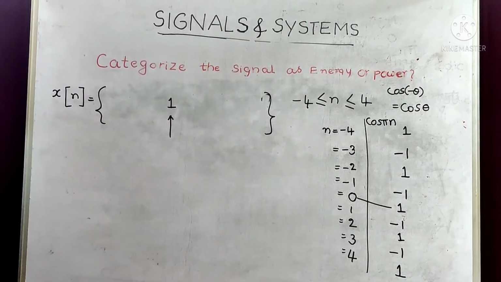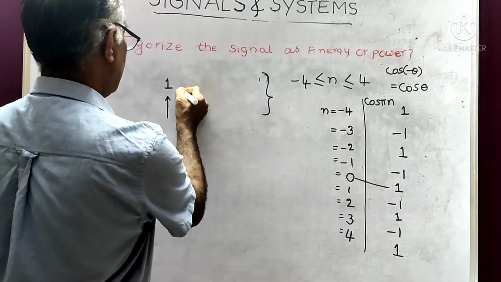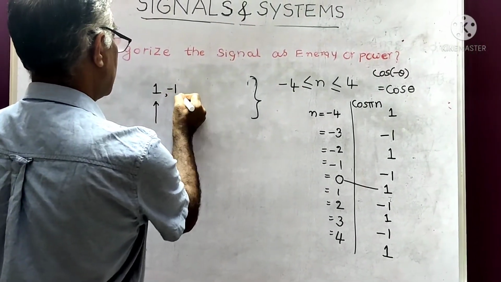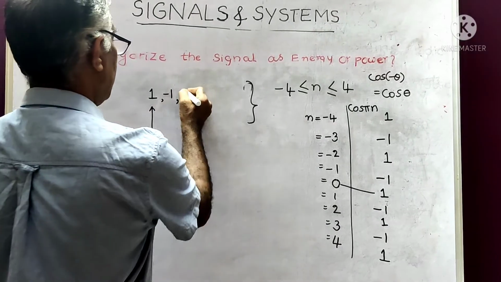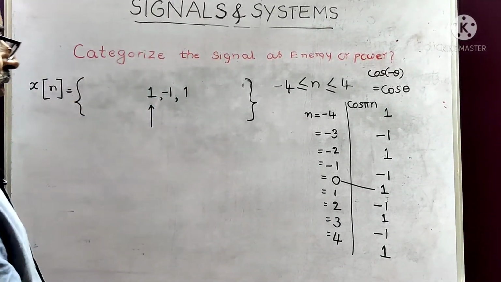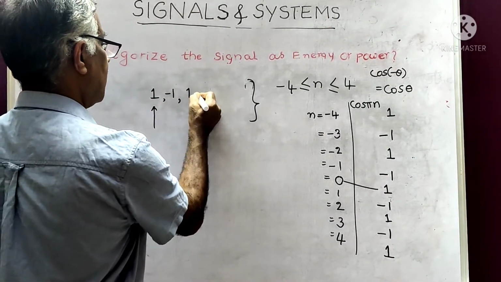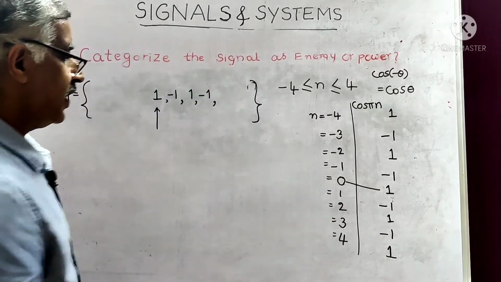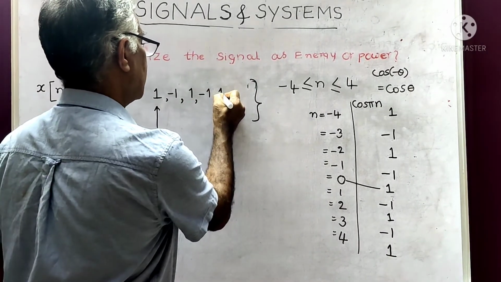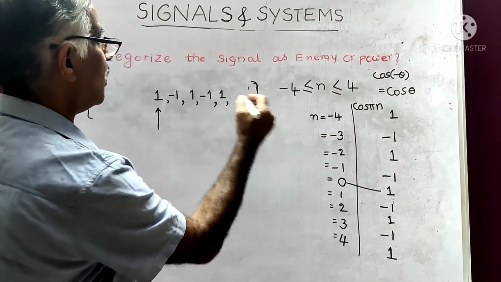For 1 it is -1. For n equal to 2 it is 1. For n equal to 3 it is -1. For n equal to 4 it is 1, and 0 otherwise.